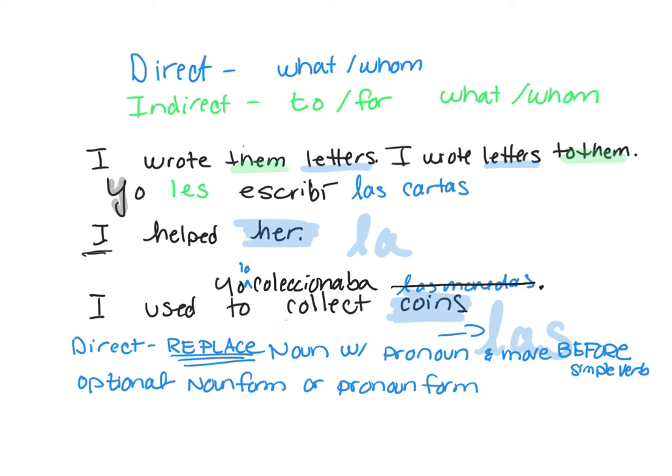Yo las coleccionaba. On this one, we only have one option because hers can only be said one way here in Spanish. So this one would be, yo, and then you're going to do the la out in front, and then ayudé. I helped her. Has to come in front here. We don't have an option. This is the only way you can say this now.